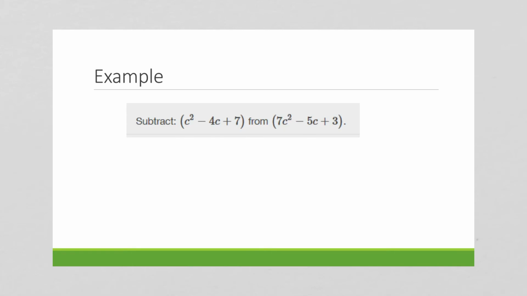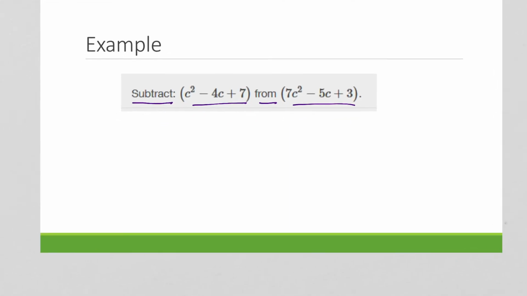Okay, here's our trick problem right here. Whenever we see the words subtract this from this, it means you have to reverse the order of these things, okay? And this gets students every single time. So really what it's saying is do this.